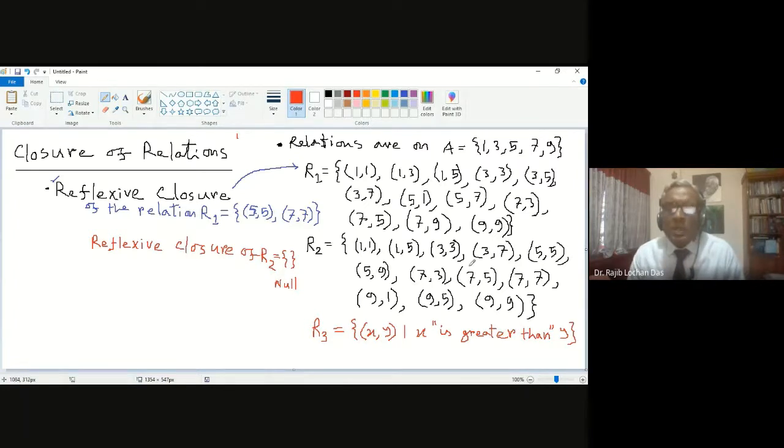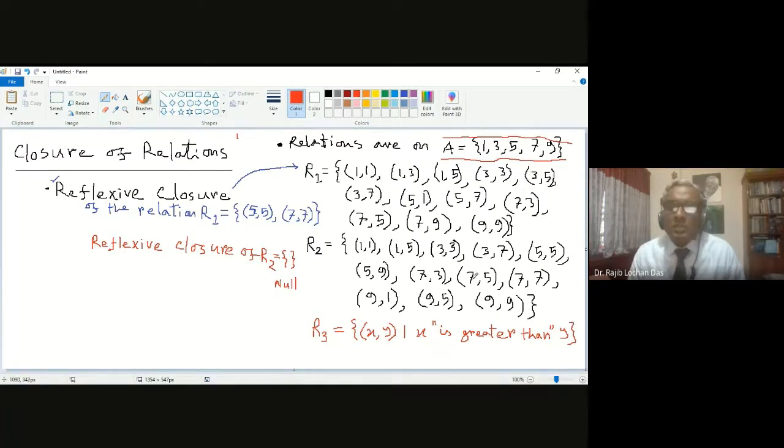You understand how the elements or pairs will be made when the set is very, very big, when the set is not only 1, 3, 5, 7, 9, but the full set of natural numbers, integers, or real numbers. So in that case, you cannot write all the elements.